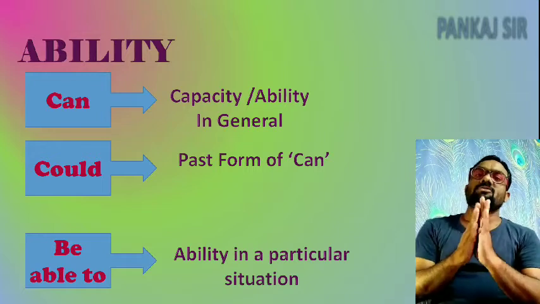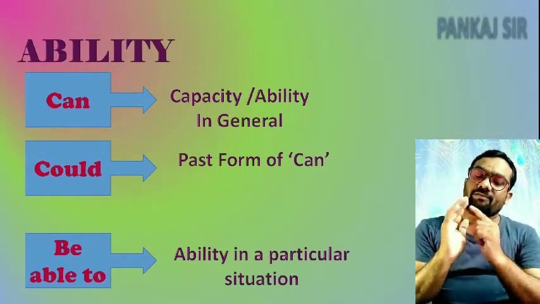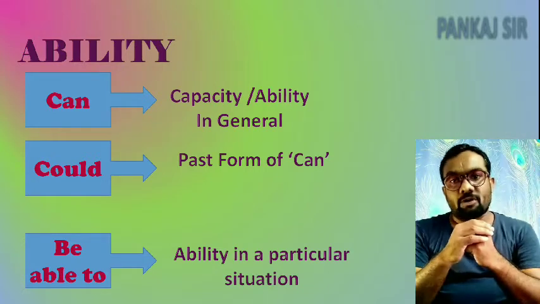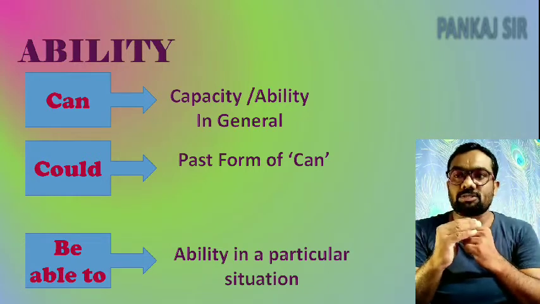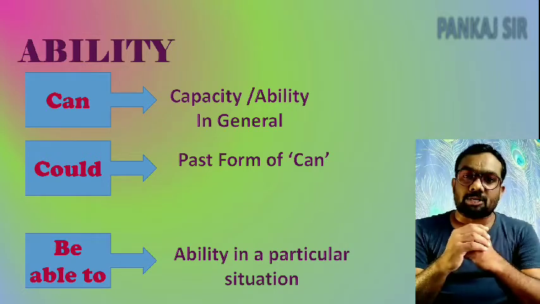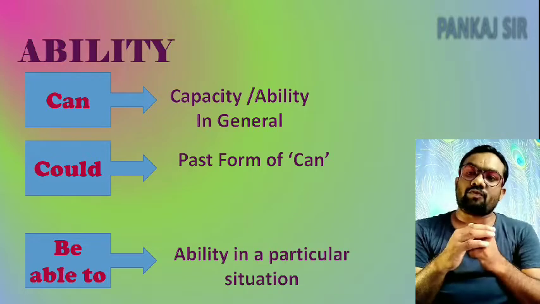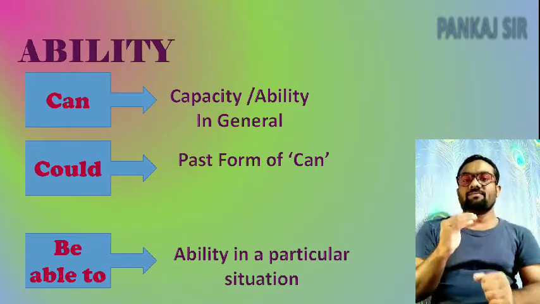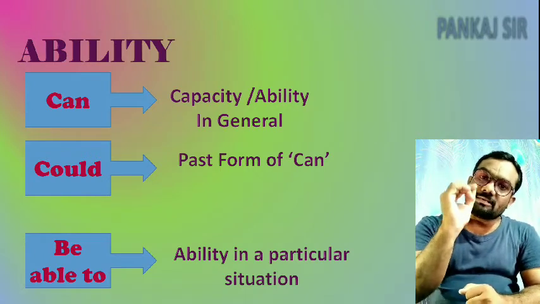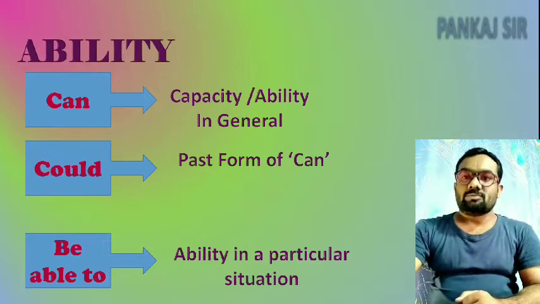When we are talking about a general thing, and there we are capable of that. If it is in the present, we use can. Could is the past form of can, and it is also used for capacity and ability in general. And be able to is used for a particular situation. When we are able to do a certain thing or any particular thing, we use be able to.